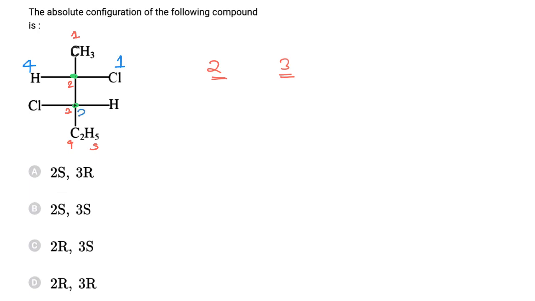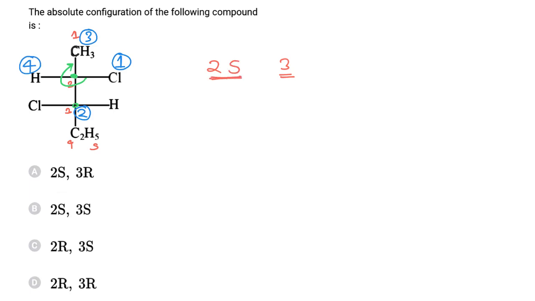So according to CIP sequence rule, it is 1, 2, 4 and 3. Now moving from 1 to 2, 2 to 3, we are moving clockwise. So configuration should be R, but least priority group is not present in vertical line, it is present in horizontal line. So configuration at second carbon should be S.